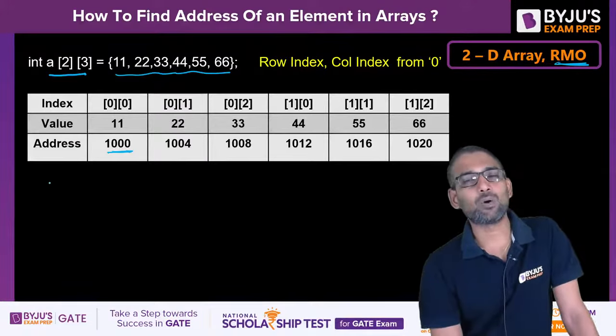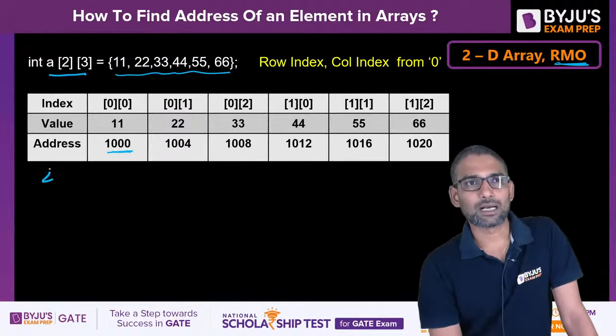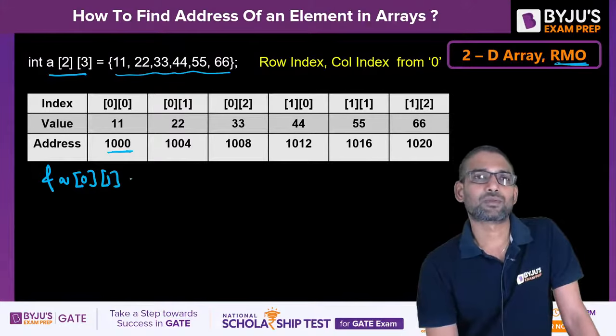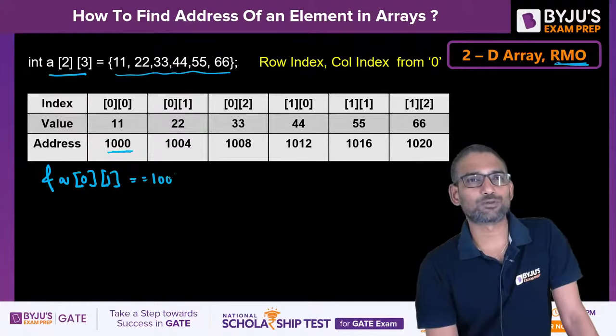Here, how am I getting the address of A of 0, 1? That is actually 1004. That is 1000 plus 4.